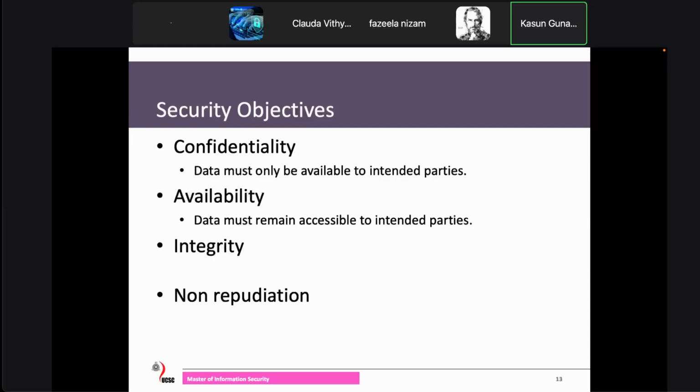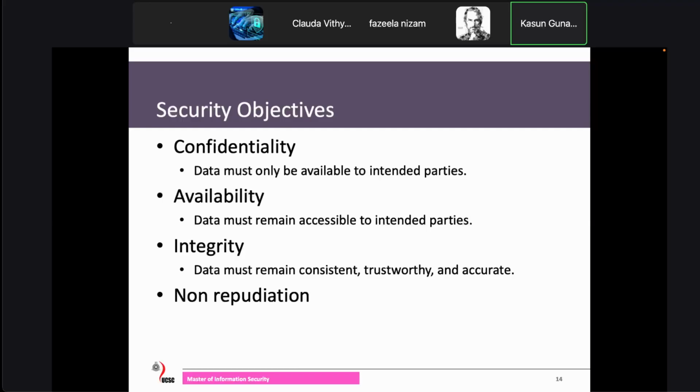Intended parties should not be prohibited from accessing data. Third is integrity: data must remain consistent, trustworthy, and accurate. So that is what integrity means.